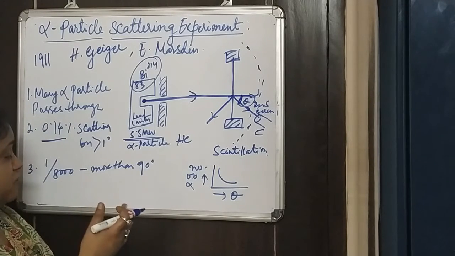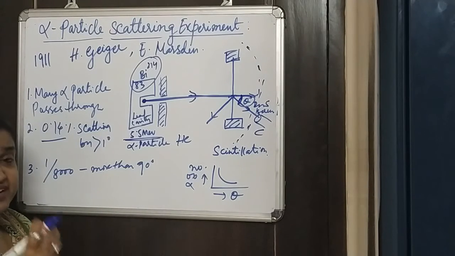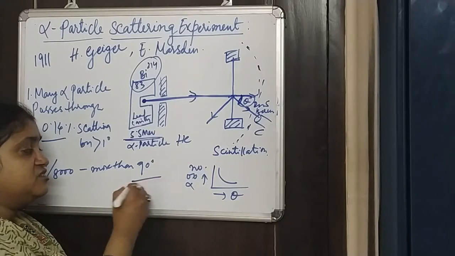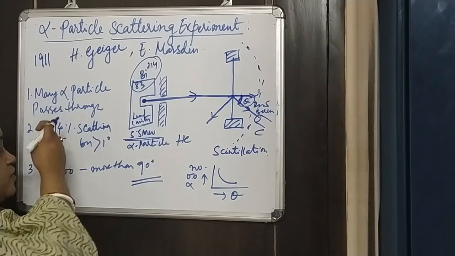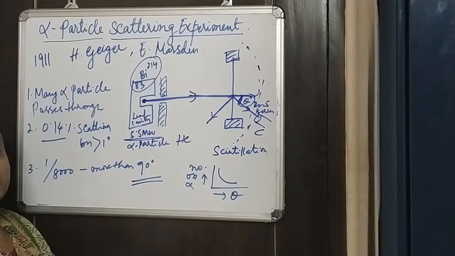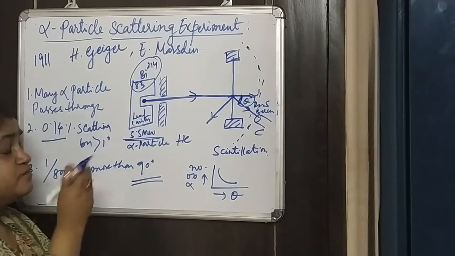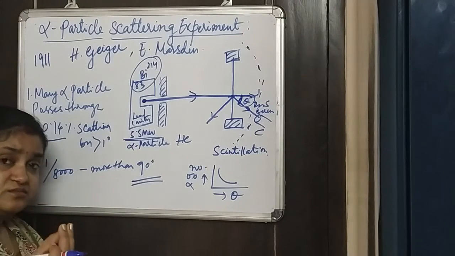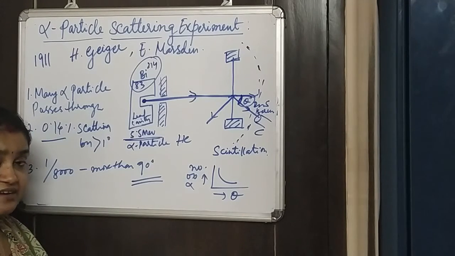Out of 8,000 scattered alpha particles, only one particle was scattered by more than 90 degrees. Among the particles that got scattered, only 0.14% had a scattering of more than 1 degree, at least some scattering.